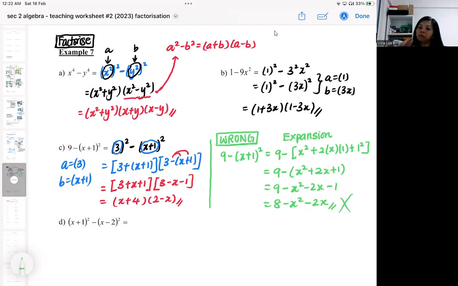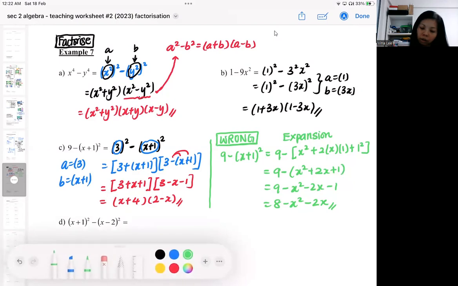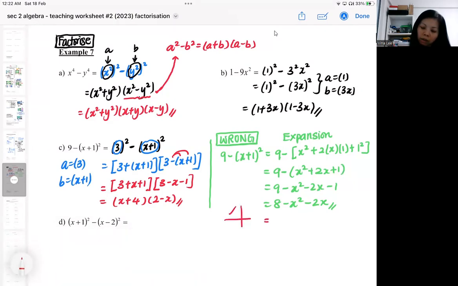The instruction is factorize. So what could the student have done instead? If the student realizes that after expanding, they continue with the cross method or the tic-tac-toe and still come out with the same answer, then the student will get it correct.